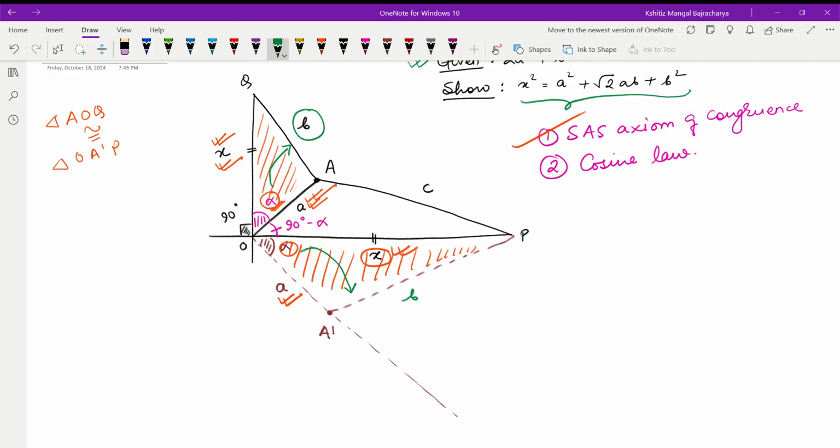This is the first step. Next, we're going to join the points A and A dash. Then we're going to have this triangle.